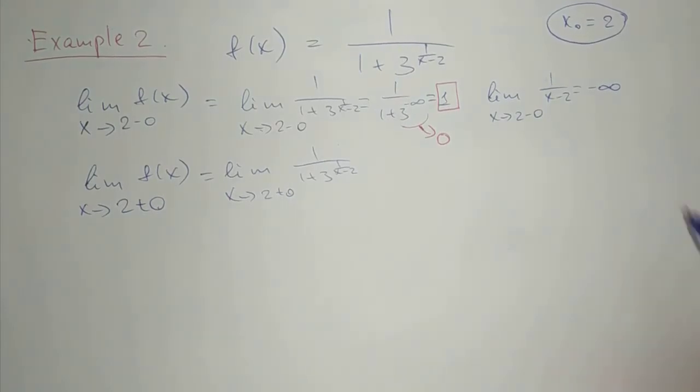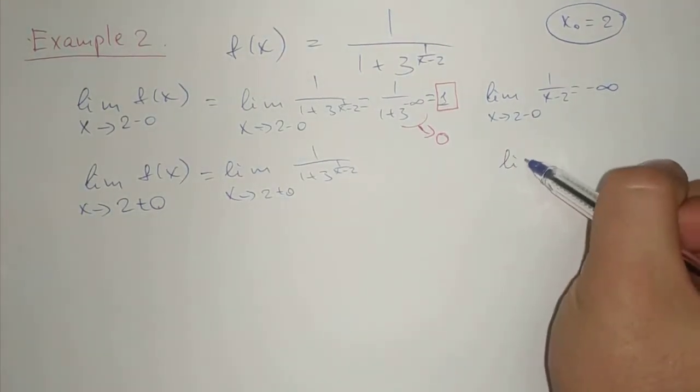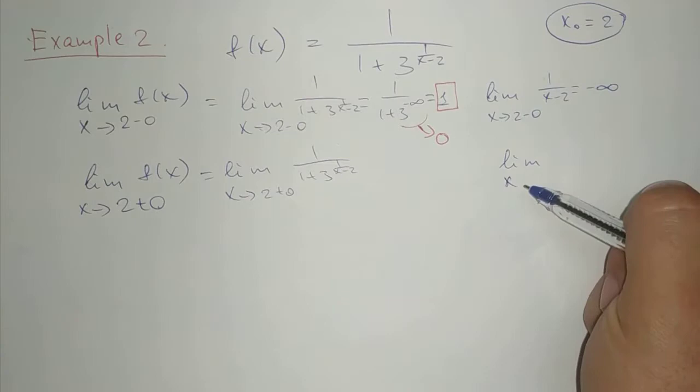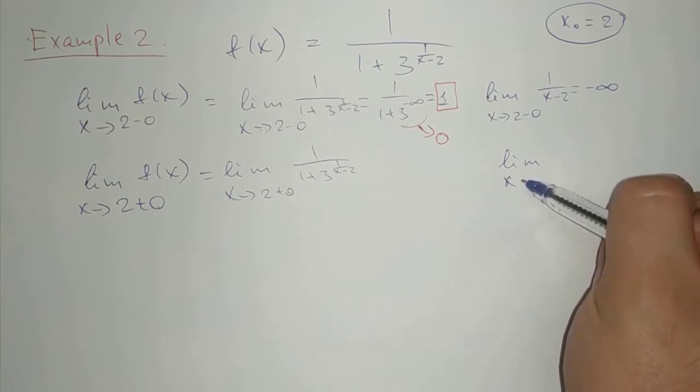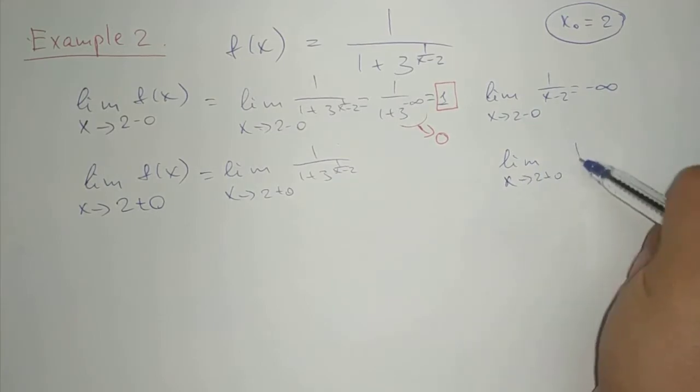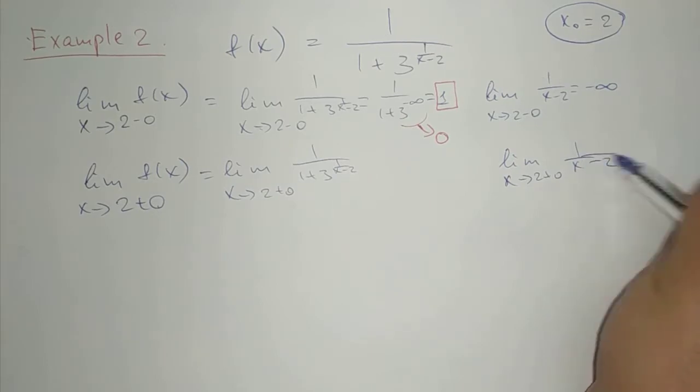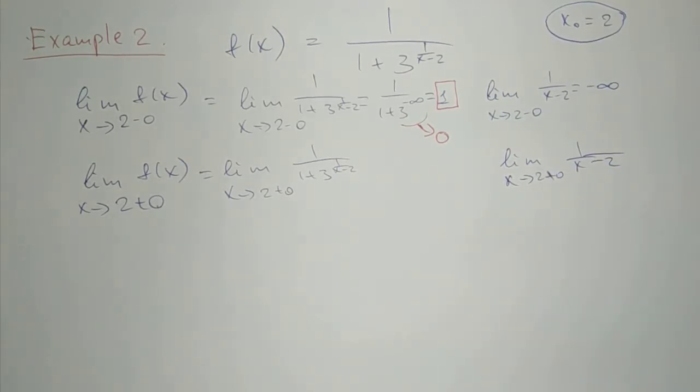Now let's compute the right side limit of 1 over (x minus 2).